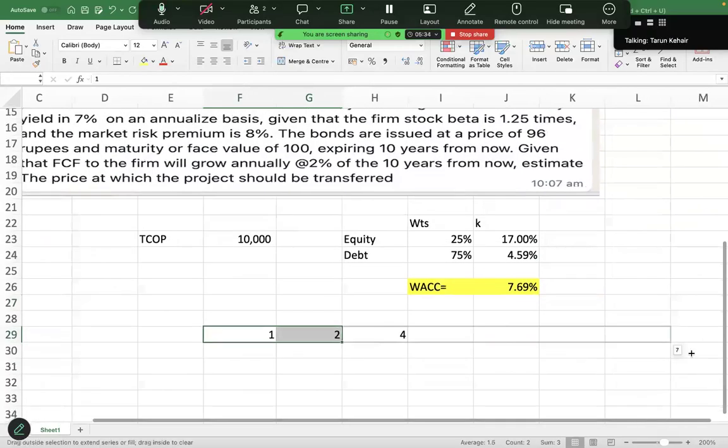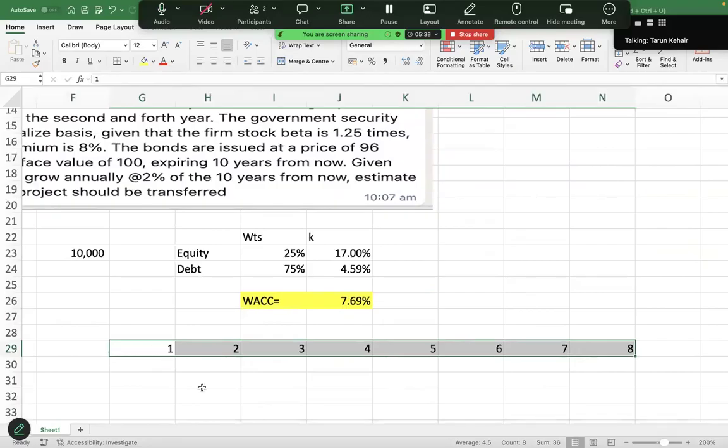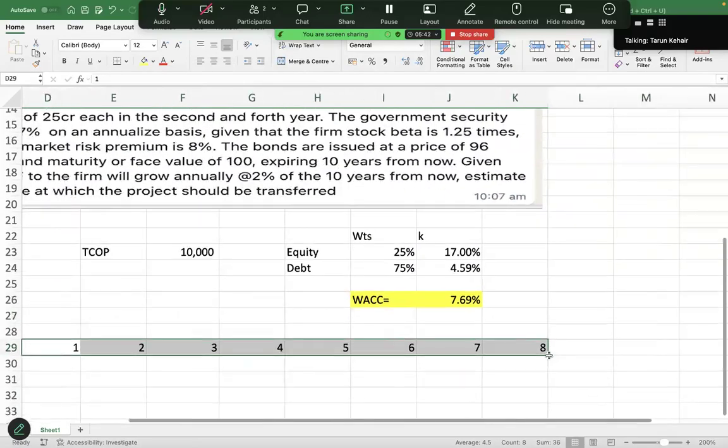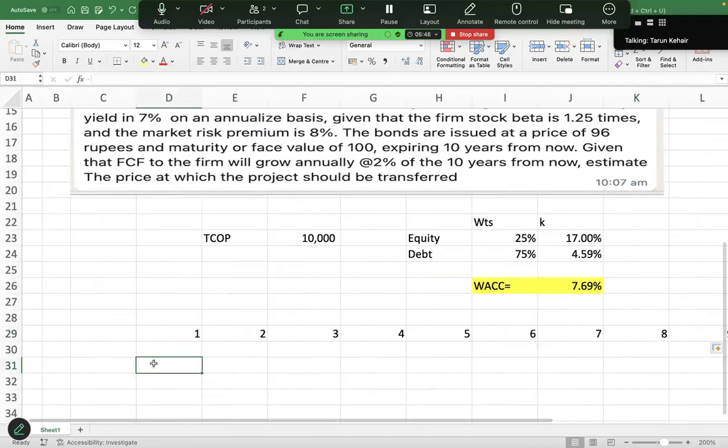And start with revenues. Who can tell me what is the first year revenues and how did you get it? Yeah, so the cost of the project is nothing but your capital employed. And capital employed is your total assets.